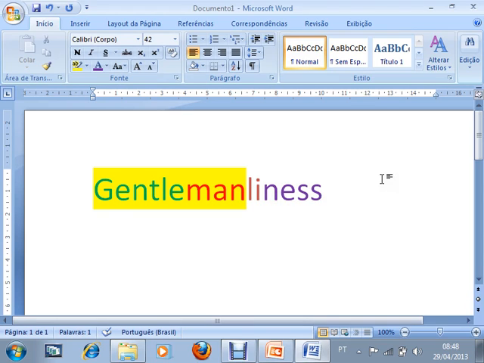Gentlemanly can be considered a more complex stem in relation to gentleman because it is still possible to come up with the word gentlemanliness, which is the same as saying cavalheirismo.